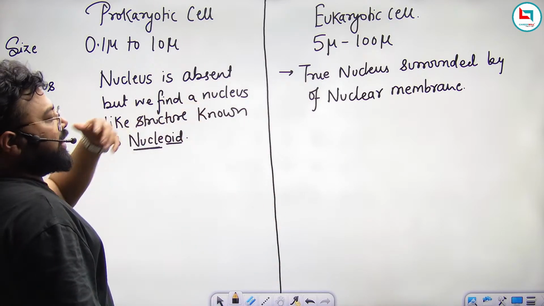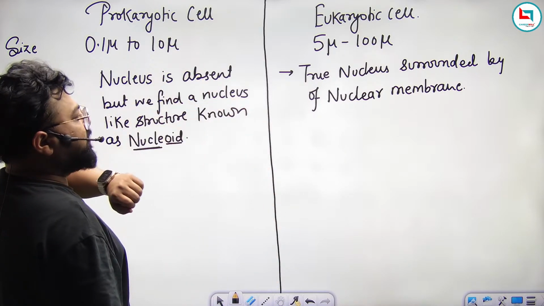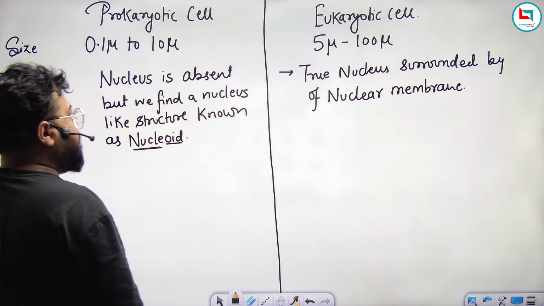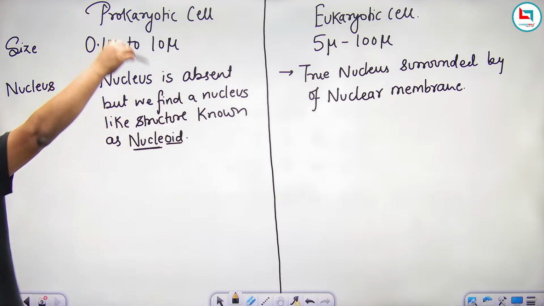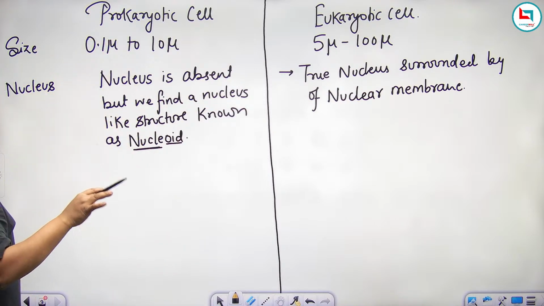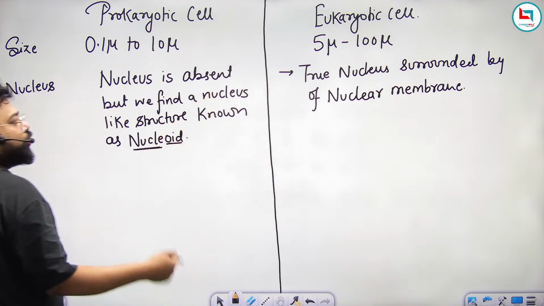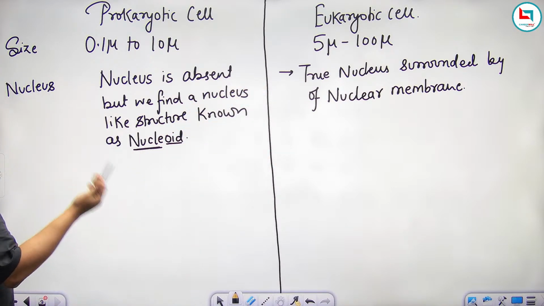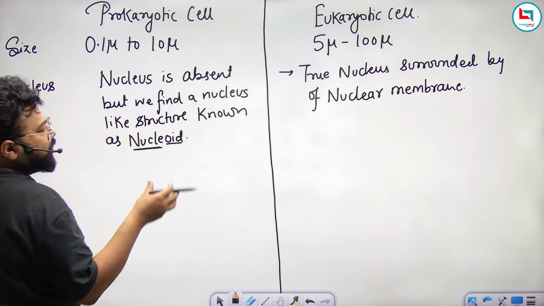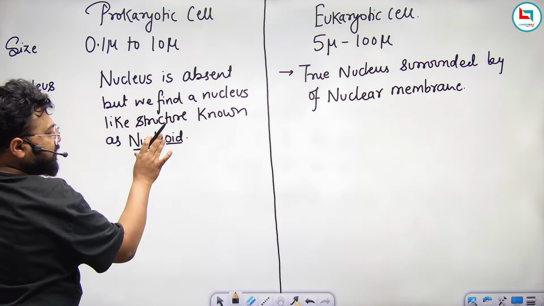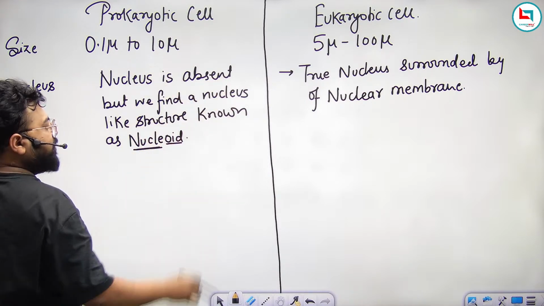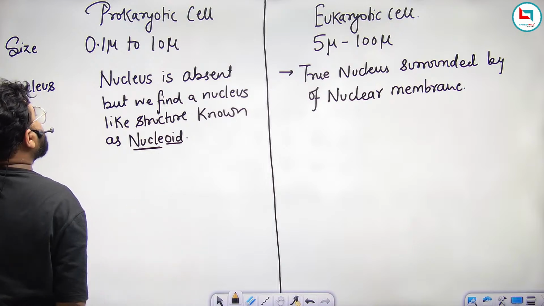Due to its presence, we can tell that this part is the nucleus and it is easily visible. But in prokaryotic cells, we do not find a nuclear membrane, due to which we cannot distinguish the nucleus. That's why there is a structure without a nuclear membrane, and we call that structure the nucleoid.